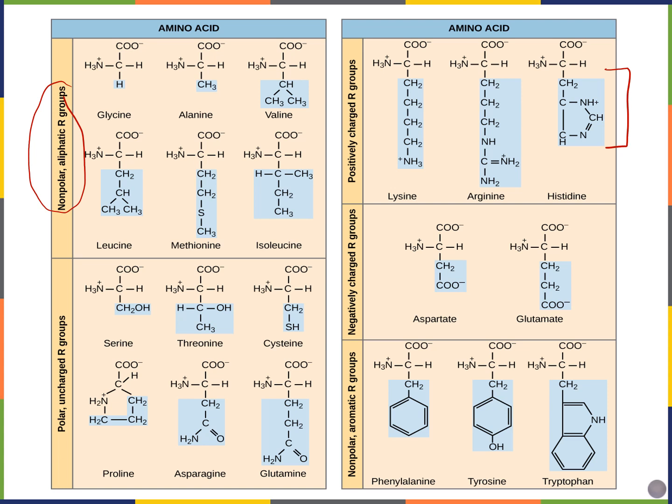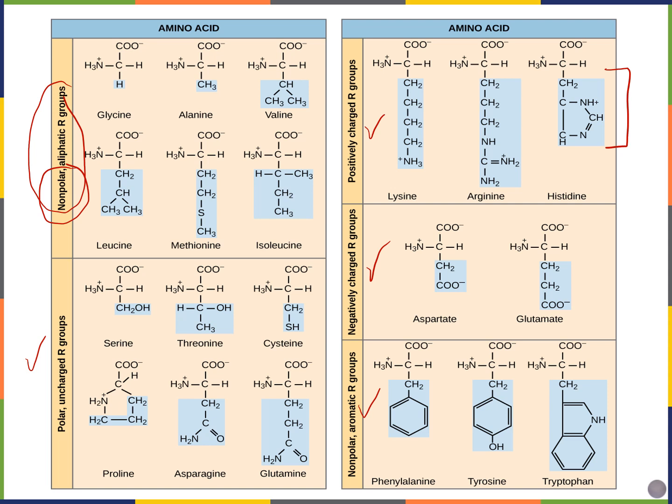The side chain is in a chain form rather than in a ring form. Nonpolar again meaning that it does not like water, so insoluble in water. We have polar that are uncharged. We have positively and negatively charged side groups, and then nonpolar that are aromatic in ring form.